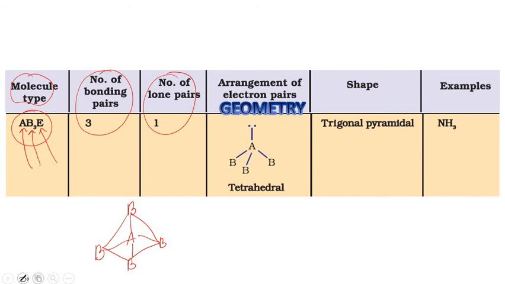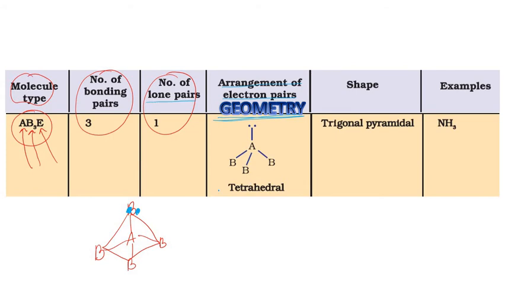But one lone pair is present, and if I write that lone pair here, this is one lone pair and this is another lone pair, you can see that the arrangement of electron pairs, that is nothing but geometry we are dealing with here, right?